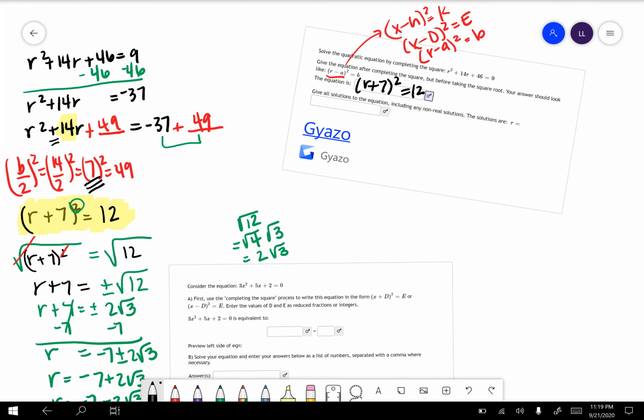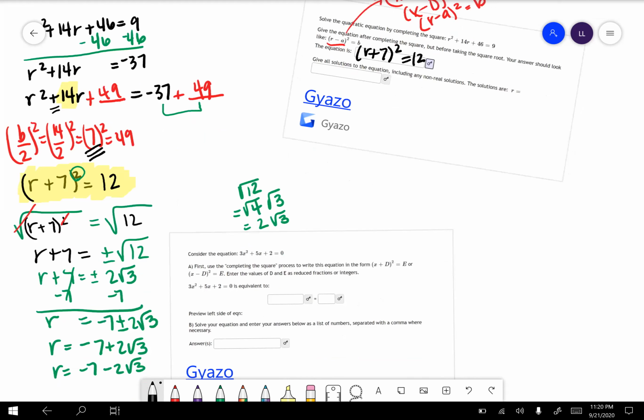In the next blank, it asks us for the solution, so what goes there are our solutions, which are these two numbers here. So we write negative, and actually I'm going to write it underneath here so that I can write it the way they want us to write it. So negative 7 plus SQRT. Hold on, we have to clean that up.